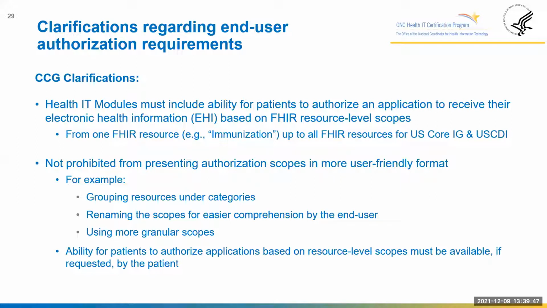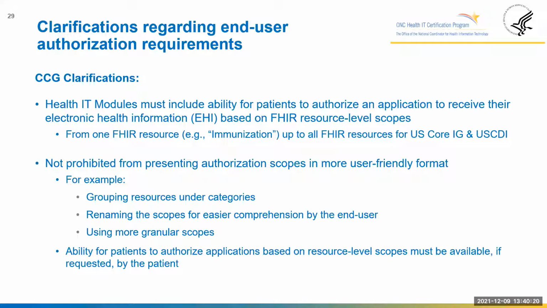So they can group resources under categories to make it easier for the end user, and rename the scopes for easier comprehension, because the FHIR resources admittedly are not very clear in some cases and may not be understandable by a typical end user. And also health IT developers are permitted to use more finely grained scopes.